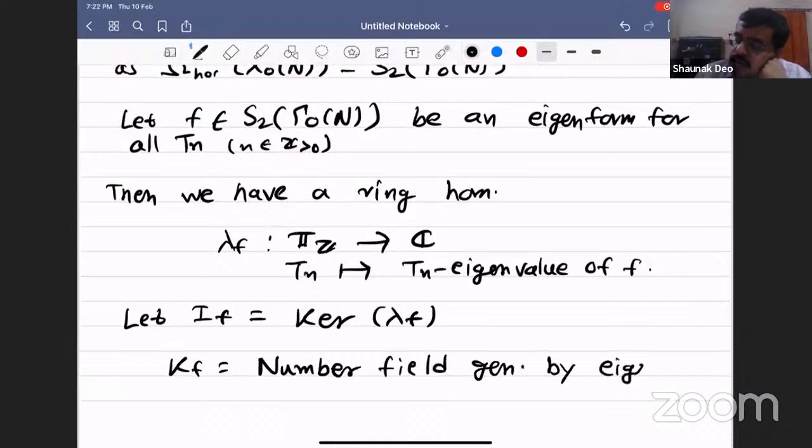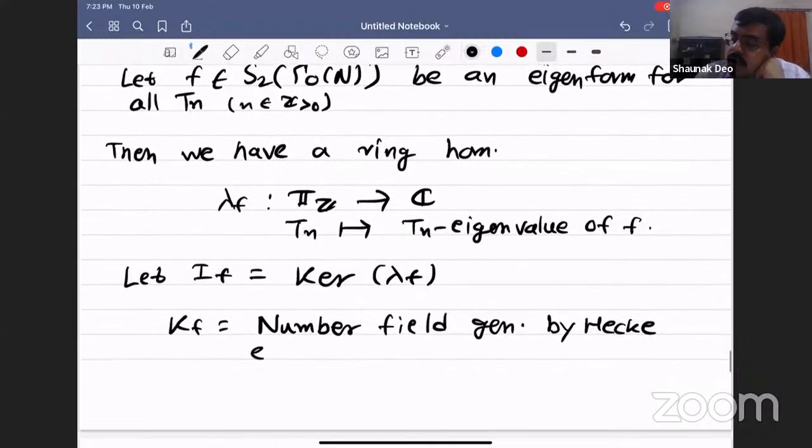So first of all, we know that the Hecke eigenvalues of f are all algebraic integers, and they are all contained in a finite extension. So this is indeed a number field generated by the Hecke eigenvalues of f over Q.